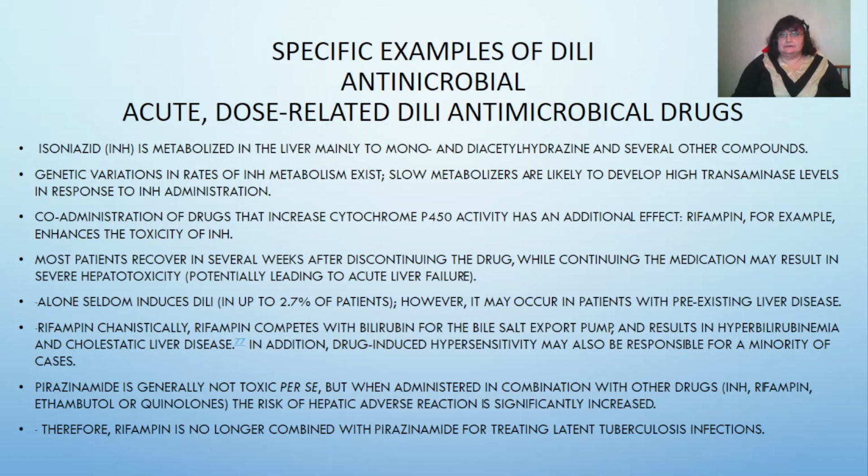Co-administration of drugs that increase cytochrome P450 activity has an additional effect. Rifampin, for example, enhances the toxicity of INH. Most patients recover in several weeks after discontinuing the drug, while continuing the medication may result in severe hepatotoxicity, potentially leading to acute liver failure.